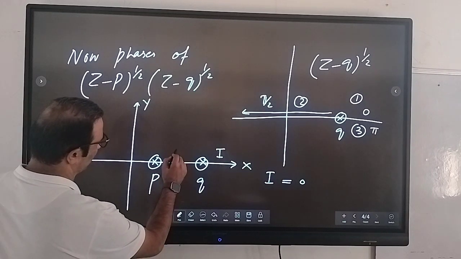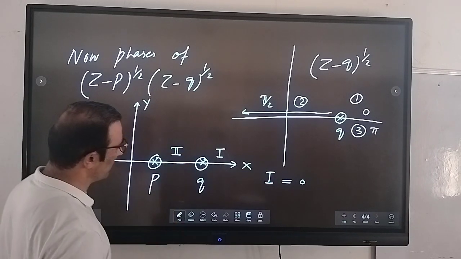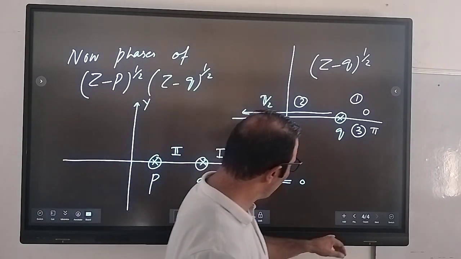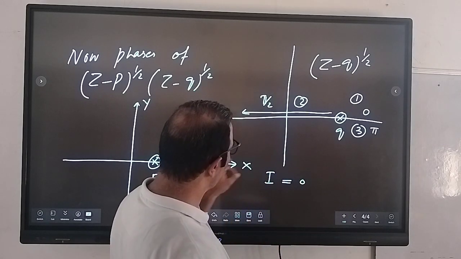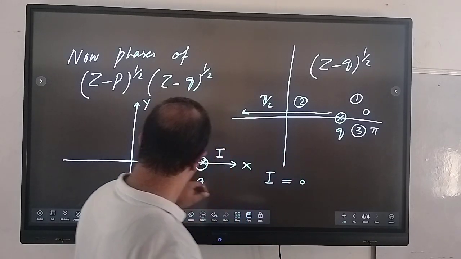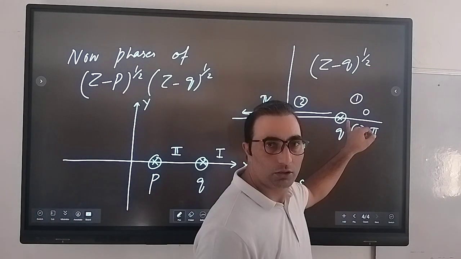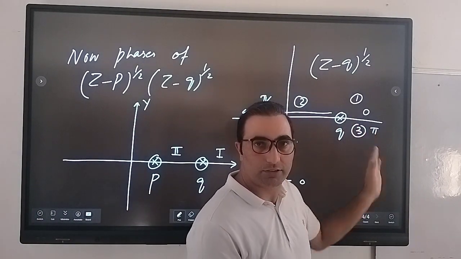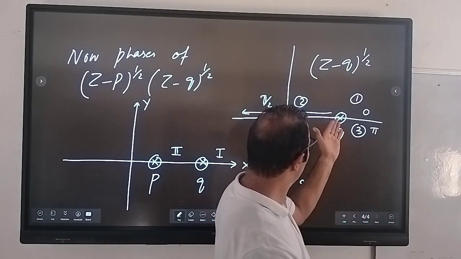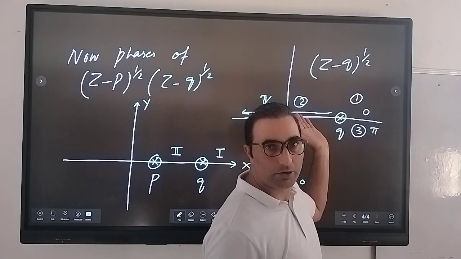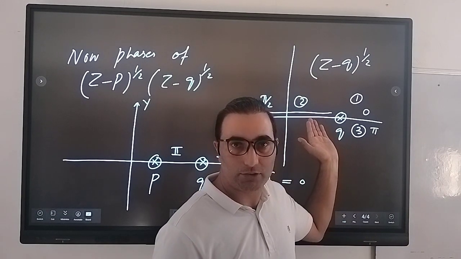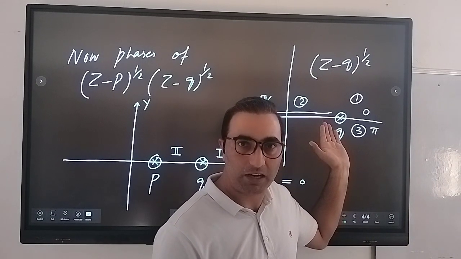And now the second region. So what will happen in the second region? First we will check for this point p, but the point basically changes. If we look towards its left, towards the left it will change by pi by 2. The function z minus q raised to the power 1 by 2 changed its phase by pi by 2.